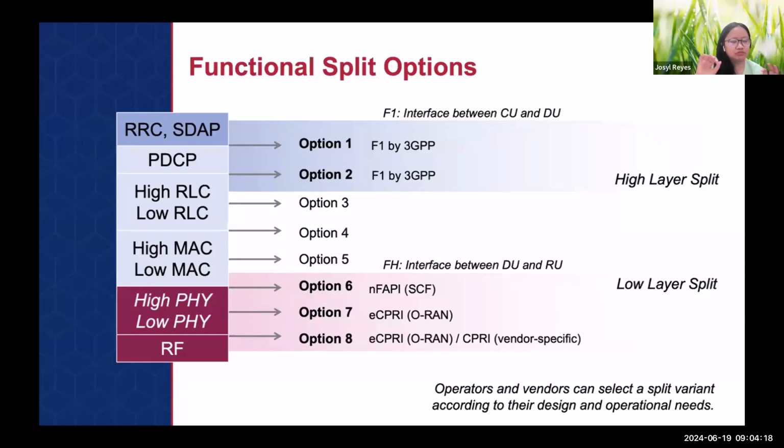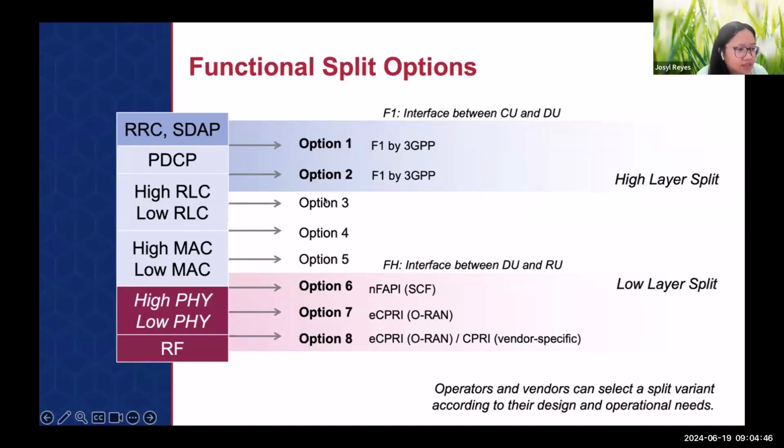So even if the operator decides to go with vendor A for the CU, then vendor B for the DU, they can still do so, provided that they follow the same standards set by the ORAN Alliance. That way, they can interoperate. The additional task, however, is for interoperability and integration.